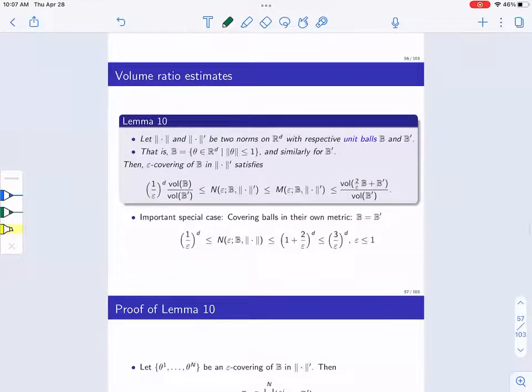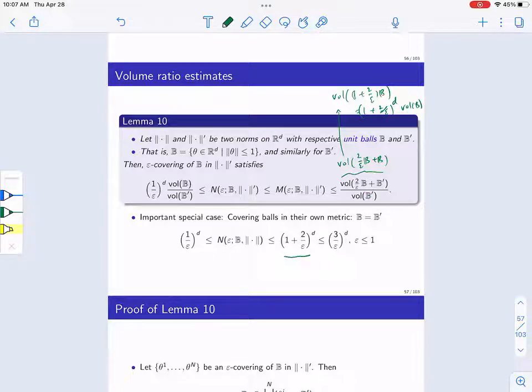What happens is that this volume here would be volume of 2 epsilon B plus B, which is just going to be volume of 1 plus 2 epsilon B. And then this comes out because scaling sort of scales by, if I scale a ball, it's easy to argue that the volume should be scaled by the factor to the power D of volume of B. So the volume of B cancels with this volume, and so you get this upper estimate.